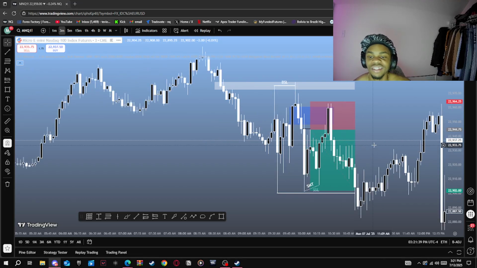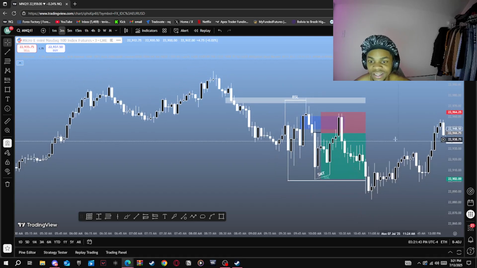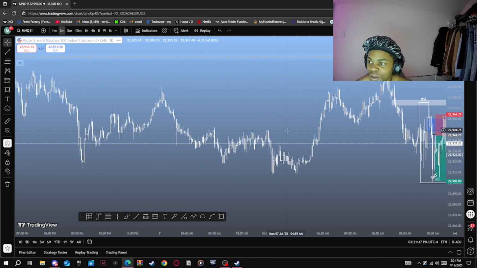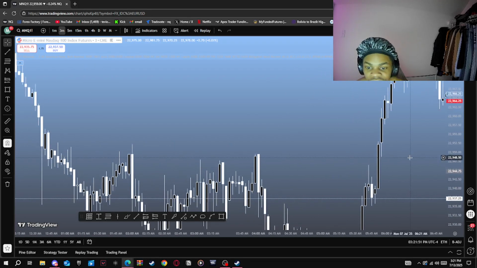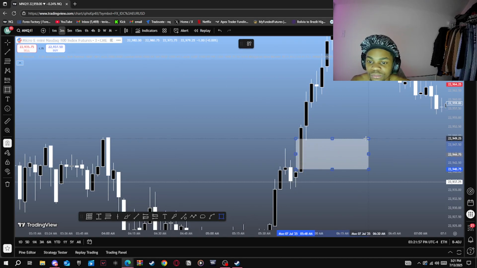Alright. This video I'll be teaching y'all about fair value gaps and inversion fair value gaps. What a fair value gap is to begin with is a 3 candle sequence that looks like this. Usually I'm just going to mark one out.